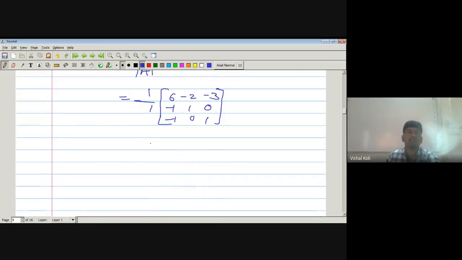Since 1 divided by 1 is 1, the product will be the same, and that will be the inverse of the given matrix A.